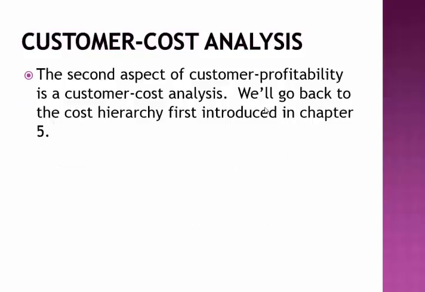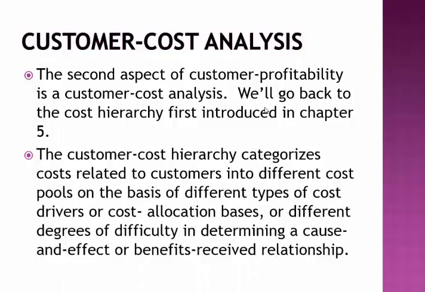The second aspect of customer profitability is the customer cost analysis. We will highlight again information that's covered in Chapter 5 regarding cost hierarchy, which you guys should have been introduced to back in your cost accounting class. If you need to, pause the video, go back, flip through Chapter 5 and take another look at those items.